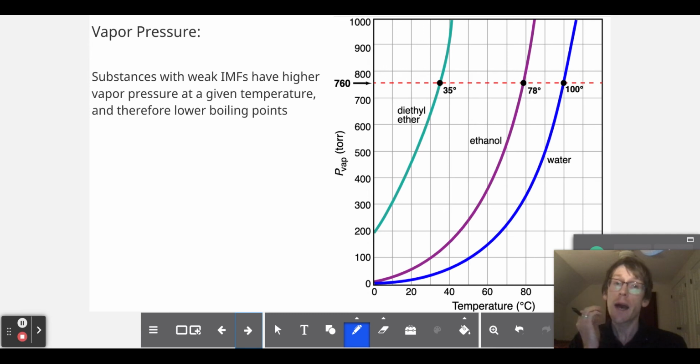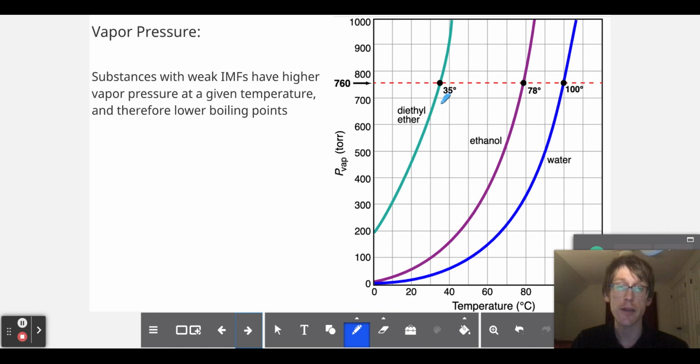Well, as you might imagine, in addition to substances with weaker IMFs having a lower boiling point, they also will have a higher vapor pressure, meaning that at any given temperature, a substance with weaker IMFs is going to have more of it in the vapor phase. And of course, it will reach atmospheric pressure with its vapor pressure at a lower temperature.